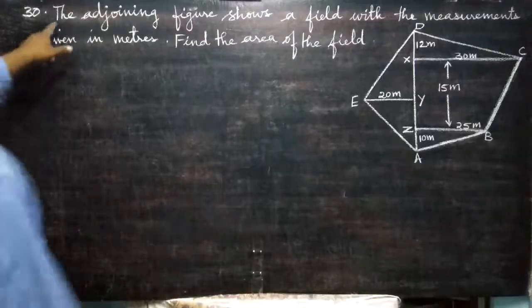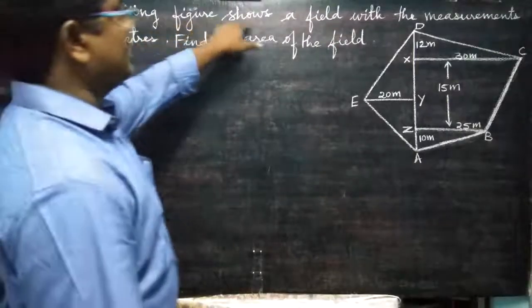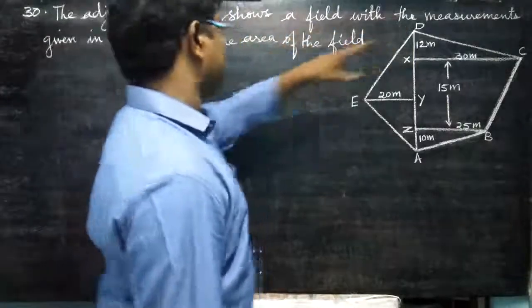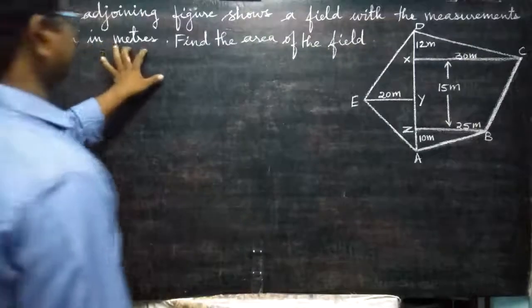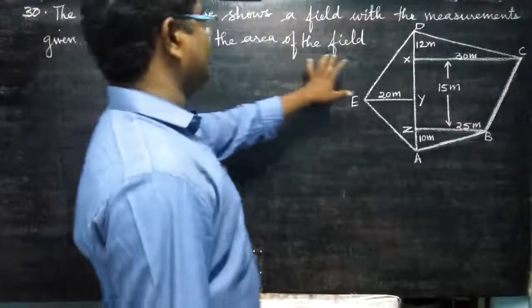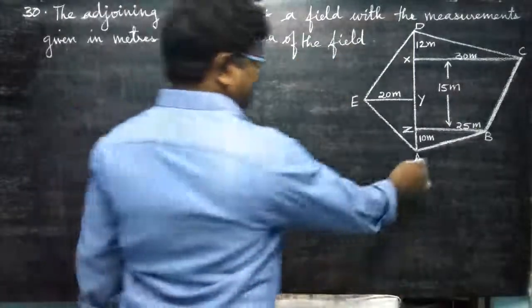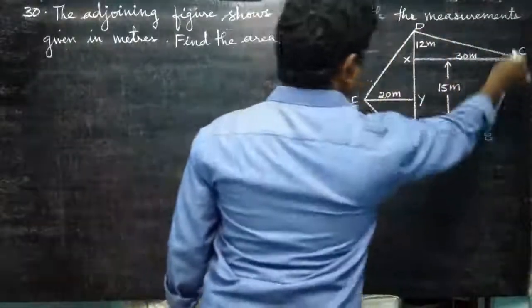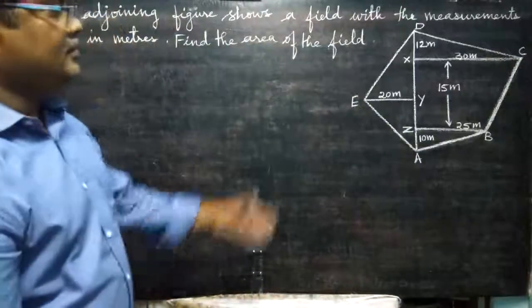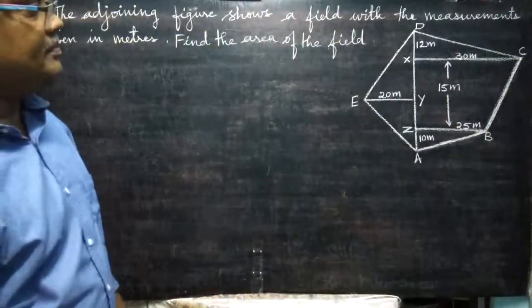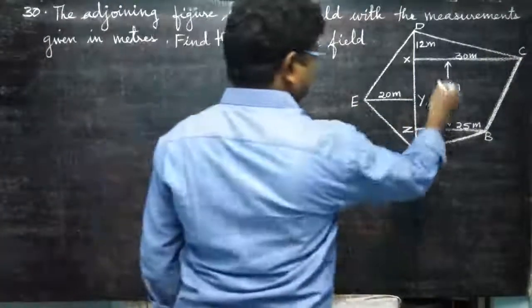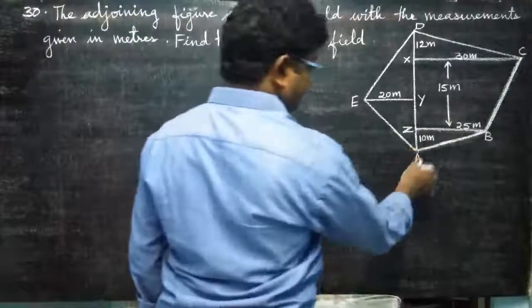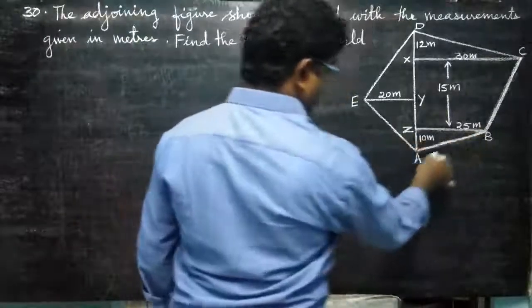30th problem. The adjoining figure shows a field with the measurements given in meters. Find the area of the field. A, B, C, D, E is a field. You can't tell exactly which shape, but inside this figure AZB is one triangle.